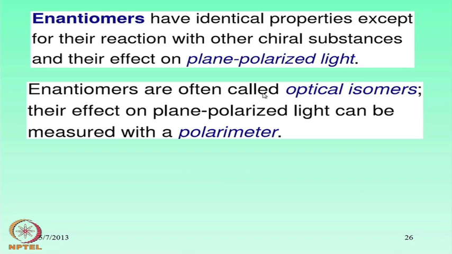So enantiomers are what we call optical isomers, and their effect on plane polarized light can be measured using a polarimeter. If the plane polarized light passes through a solution of these optical isomers, we will see that the plane of polarization will be rotated.